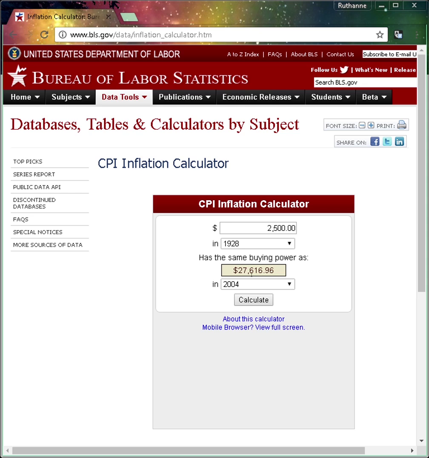So you're looking at about 80 years worth of inflation, and you've got a price increase of about $25,000. So you can see that during that time period, the average inflation was a little bit more than it was in the 80s and 90s.